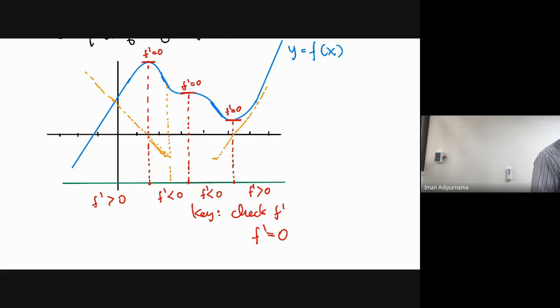And also we can see there is a change in concavity here. Let me draw the line first.